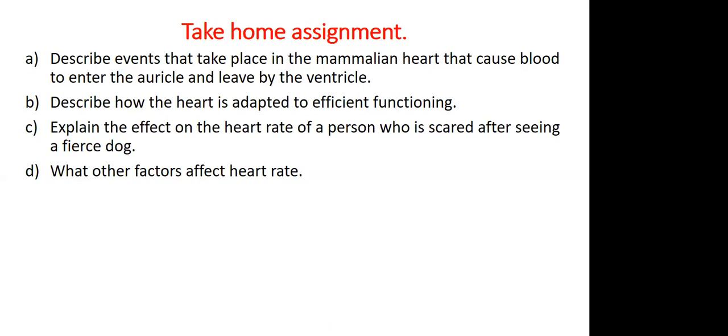Yeah, it starts from the right lung through the vena cava to the right atrium via the tricuspid valves, then to the right ventricle, then to the pulmonary artery, then to the lungs, from the lungs to the pulmonary veins, then to the left atrium via the bicuspid valves, to the left ventricle, and to the aorta, where it pumps to all body parts.